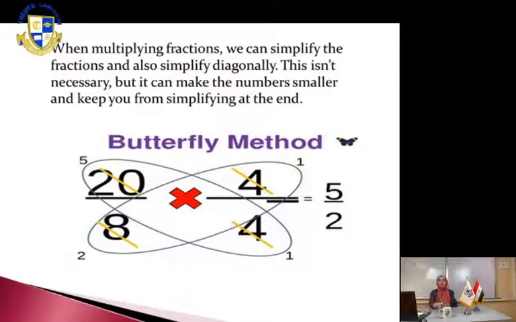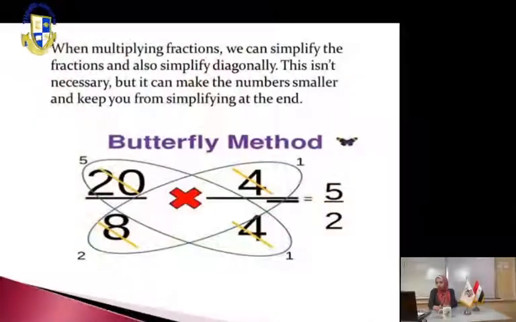We have here another method of multiplying fractions. How can we do it? This method is called the butterfly method. How? We have here 20/8 multiply 4/4. We can simplify the fractions before we multiply them. How?